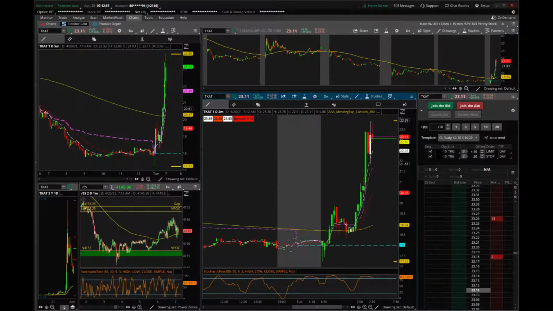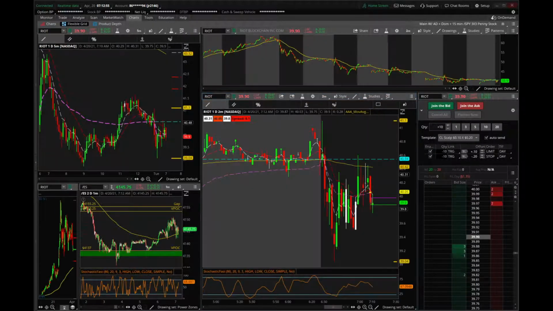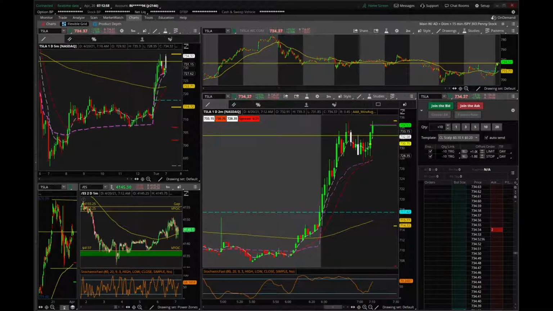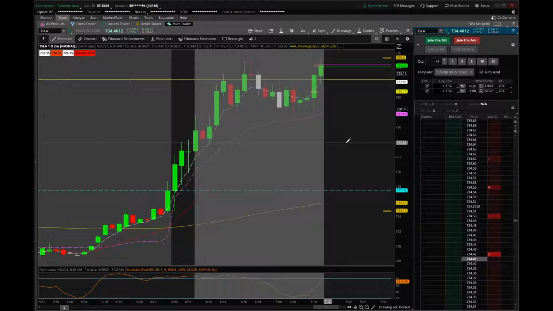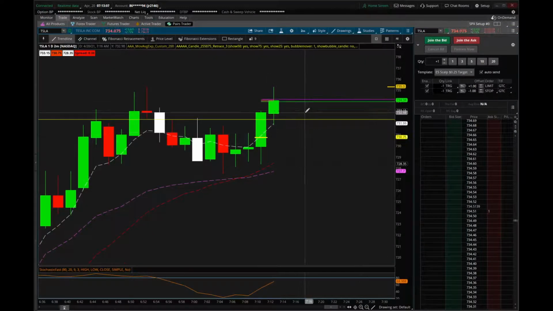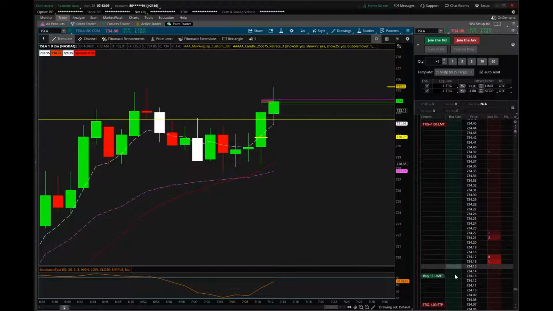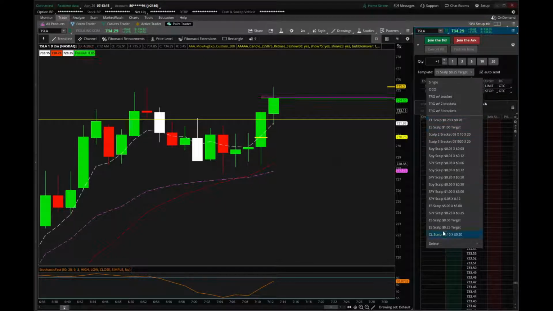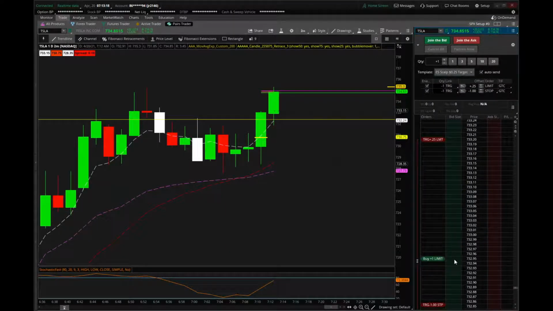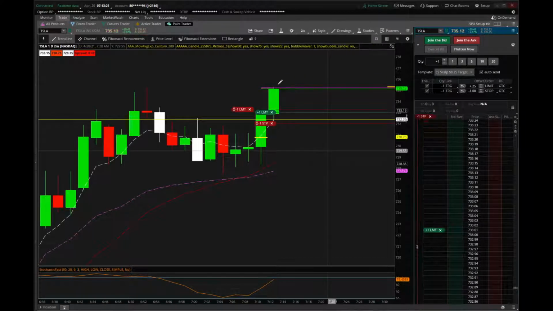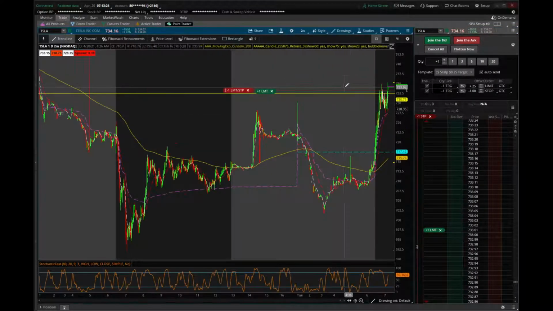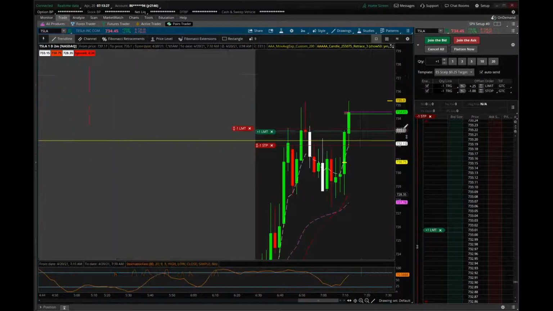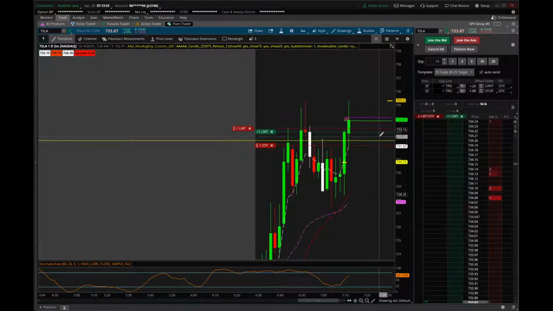Yeah, nothing going on there. Tesla. Maybe a pullback, 73 on Tesla. So we will see.